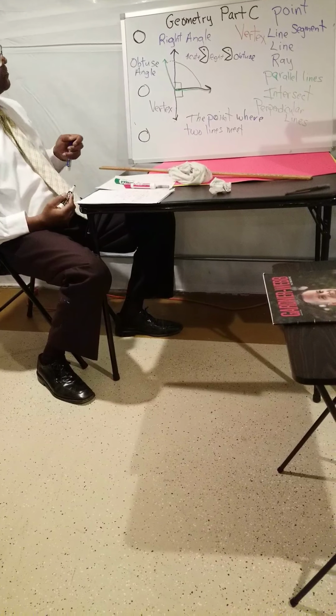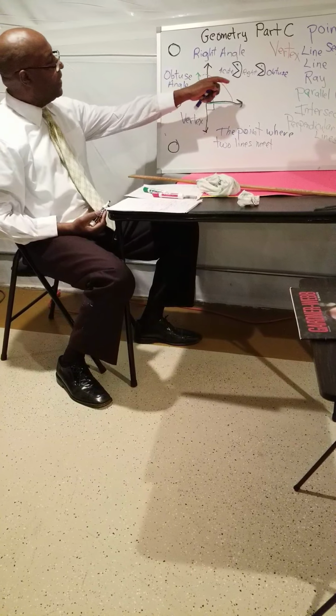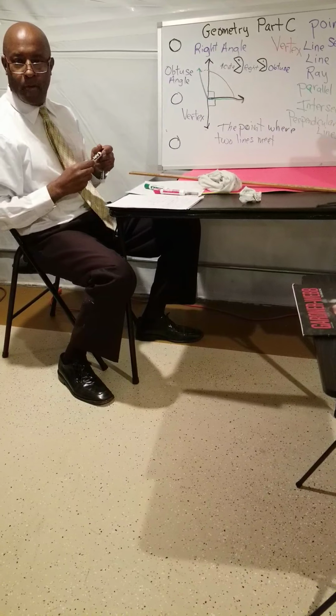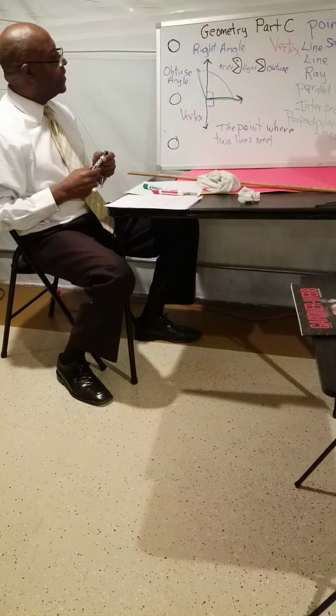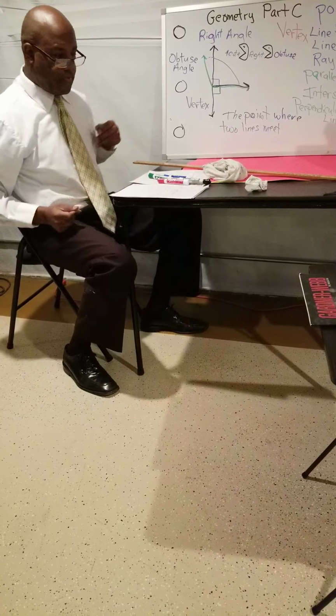Look at that. So that lets you know the acute is the smallest of the three. Then you have the right angle. Then you have obtuse. Okay? And those will be your three and final vocabulary words for today.